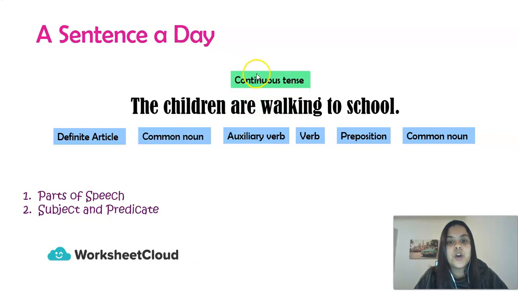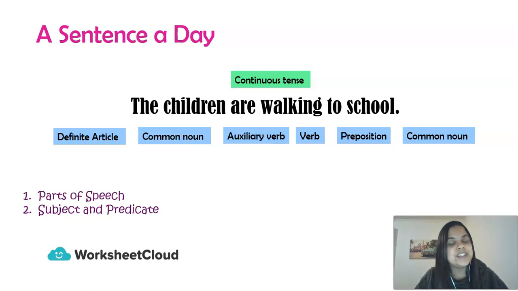So, continuous tense: you see this by saying are walking or is walking or were walking. That is an example of a continuous tense. And in this sentence, the verbs are indicating a present continuous tense because it's happening at this moment. It is an introduction kind of to a lesson that we're going to be doing soon.